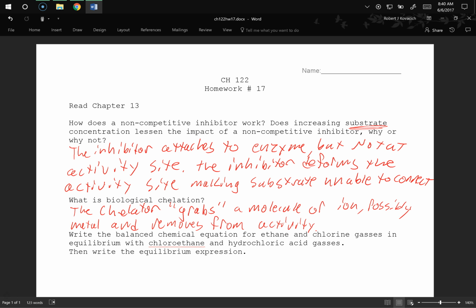If somebody's poisoned with something like arsenic or cyanide or lead, you would give them a chelator, and that would remove that substance from activity, so it stops interacting with an enzyme and causing problems. You would probably call it the antidote, but its technical name is a chelator, and the process is chelation.